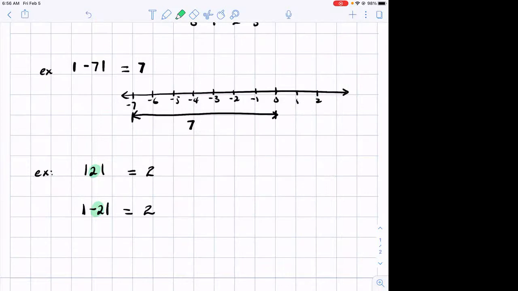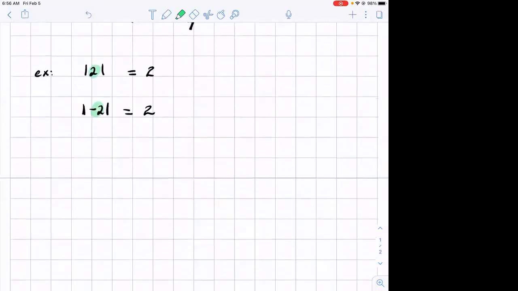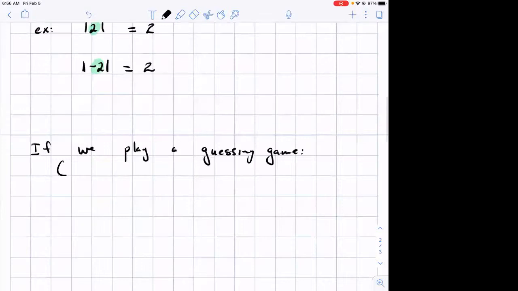Interestingly enough, if we play a little guessing game, sometimes we can look at equations and basically guess what the result is. The guessing game is: guess the answer.